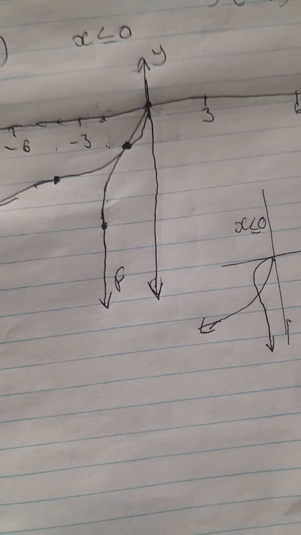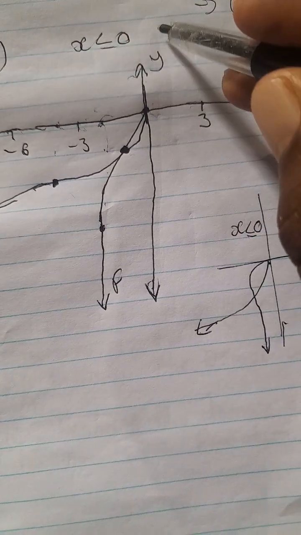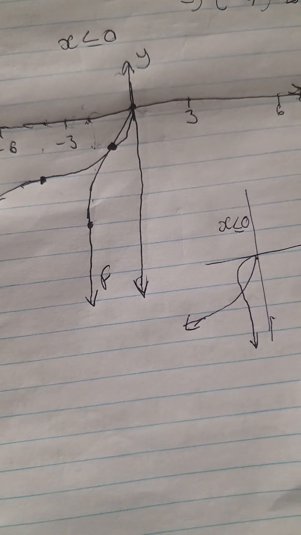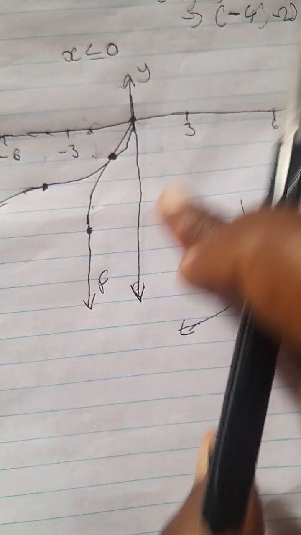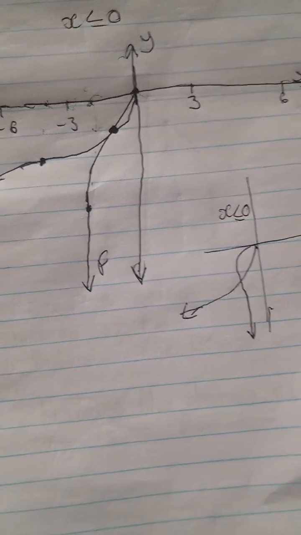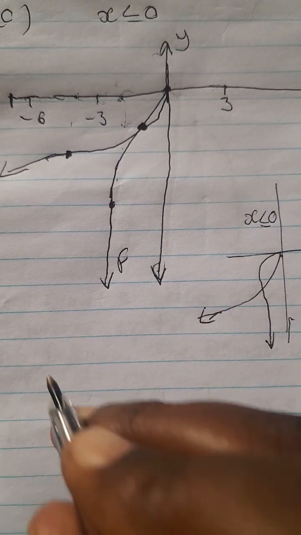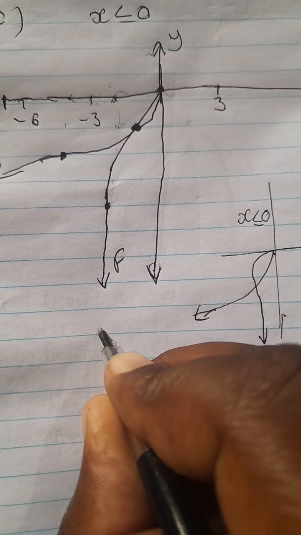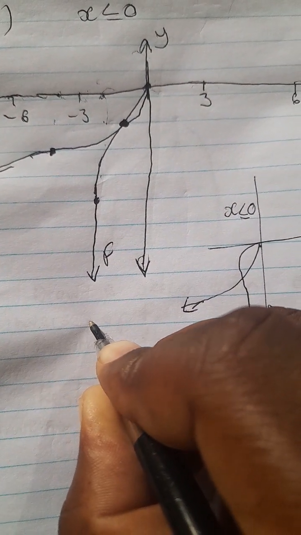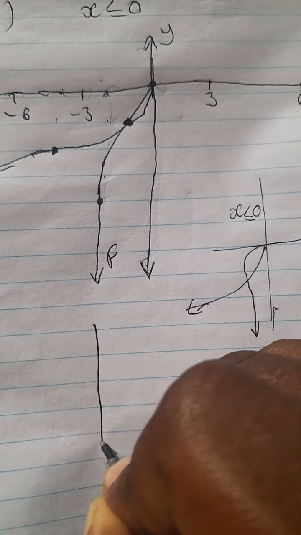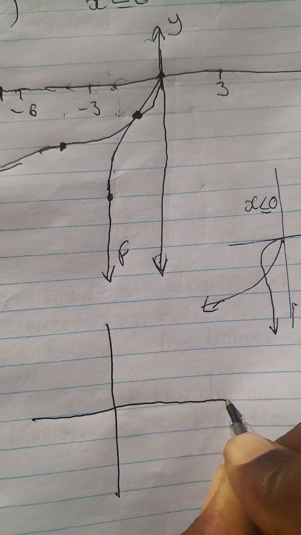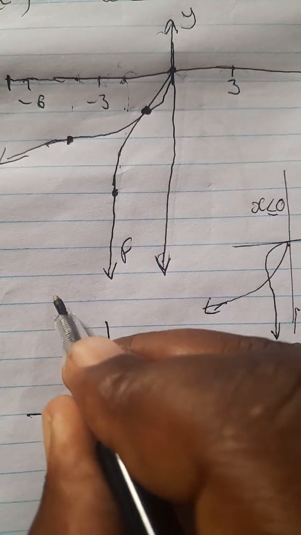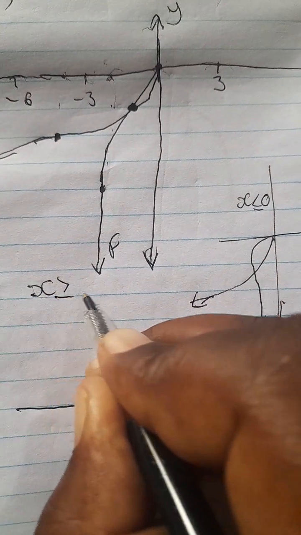So we have cut the other arm. Remember the graph was like this. Then we'll also have another one that will face like this. So we did cut the other arm, so we are left with this part, right? So what will be our other arm? We are going to have something like this. We follow the restrictions. Remember, the other restriction says that x is greater than or equal to 0.